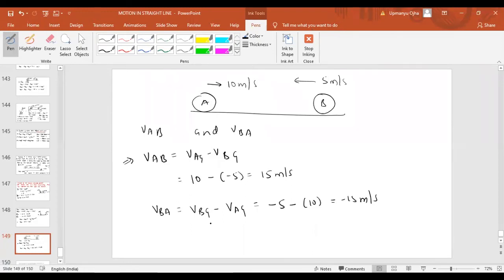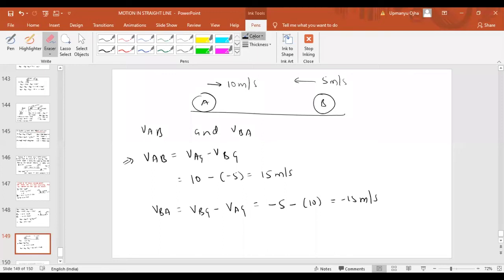Now, can you explain what you understand by 15 meter per second here? Velocity of A with respect to B means the observer is at B and observing A. With what speed is A approaching B? That is 15 meter per second in the positive side.